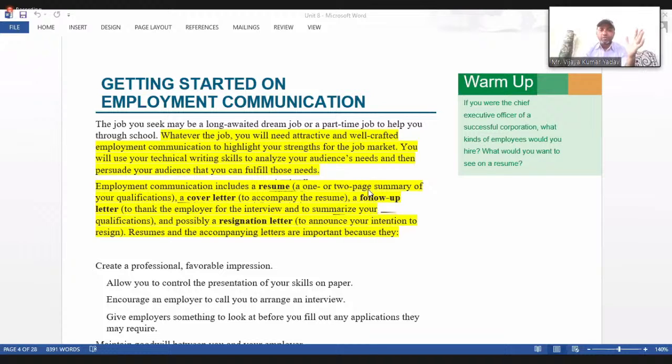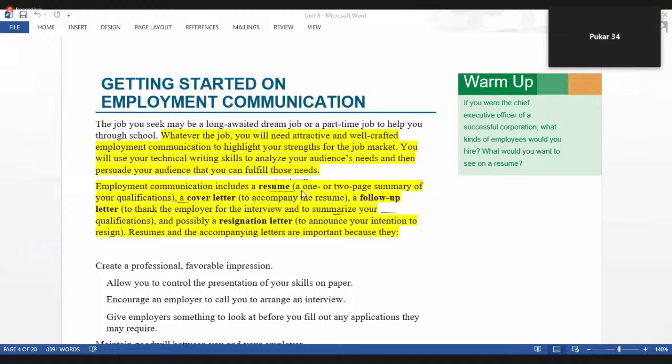Now you have been called for the interview. How to give thanks to the employer for calling for the interview. So that is called follow-up letter. So how to write that follow-up letter? These are the things you learn here. So writing resume, then cover letter, that is job application, then follow-up letter, then resignation letter.